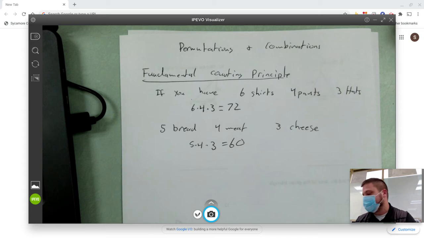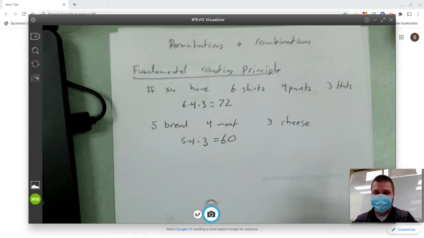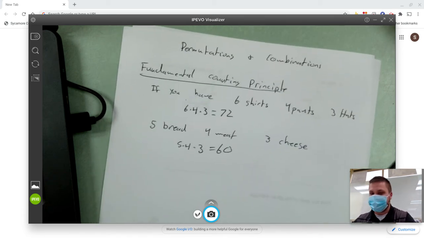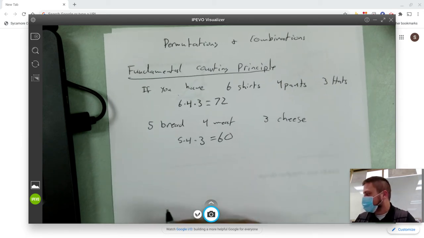Okay, the next thing is permutations and combinations. Permutations and combinations deal with the number of options, again, that you might have of something. And these are when things can be arranged, okay? When things can be arranged.